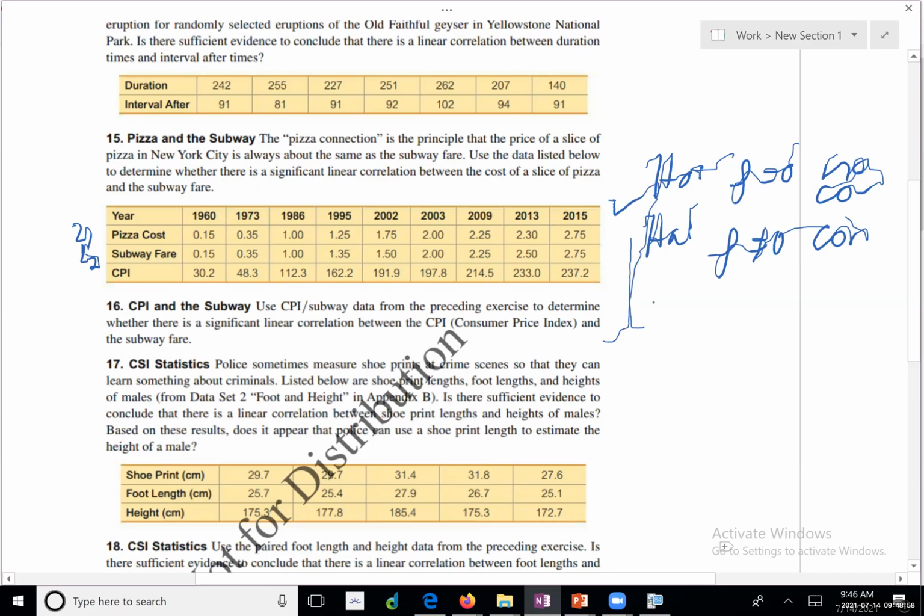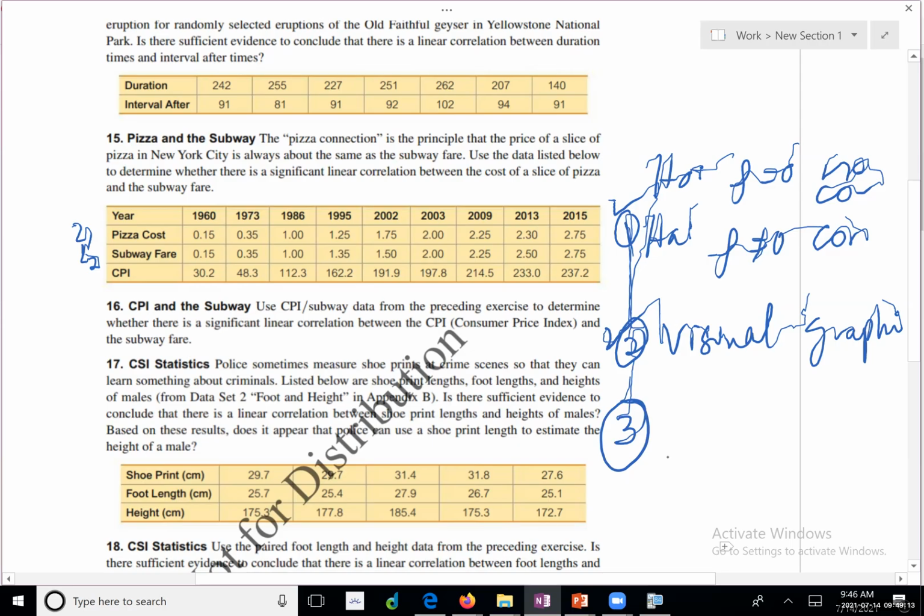A requirement is just a visual examination. So step 3 is finding the p-value, and R, and writing the equation of the line.